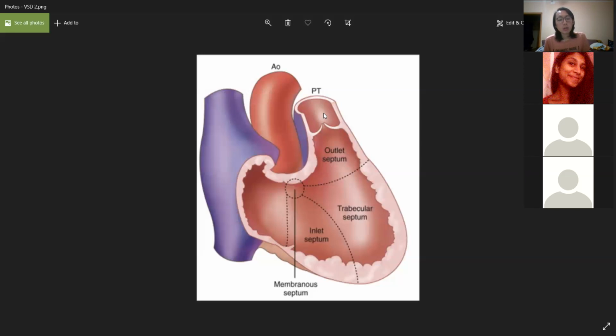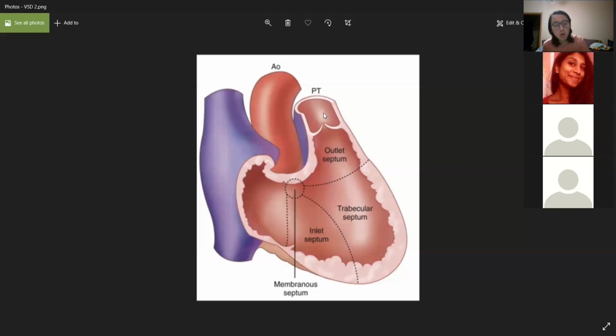But if your pulmonary vascular resistance is low, it means that your shunting is still left to right, but if it drops again, it means that your shunting has become higher. Either the defect becomes bigger or anything that can make the shunting increase.